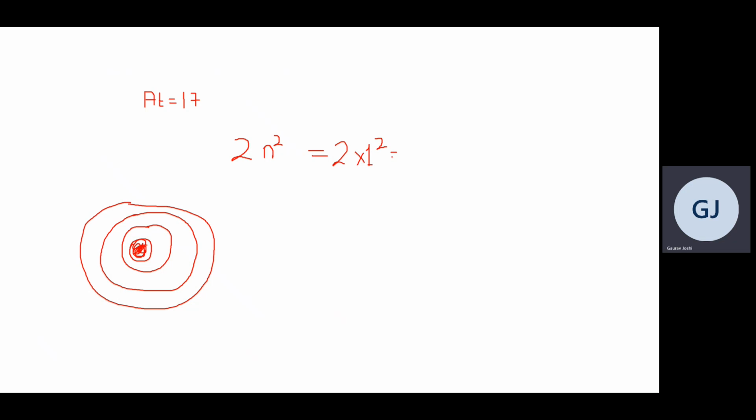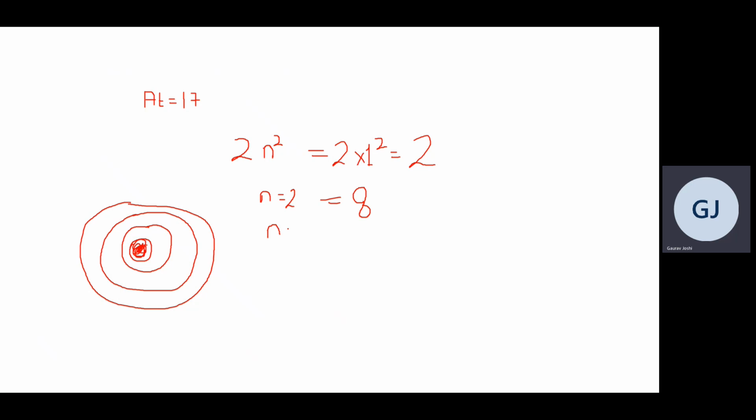How many electrons can it accommodate? It can accommodate a maximum of 2 electrons. Now when n is equal to 2, how many electrons can it accommodate? 2 times 2 to the power of 2, so the total will be 8 electrons.